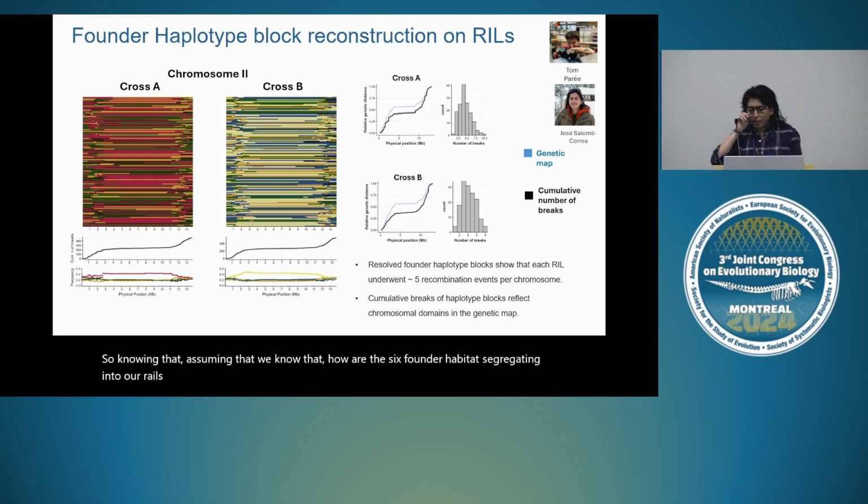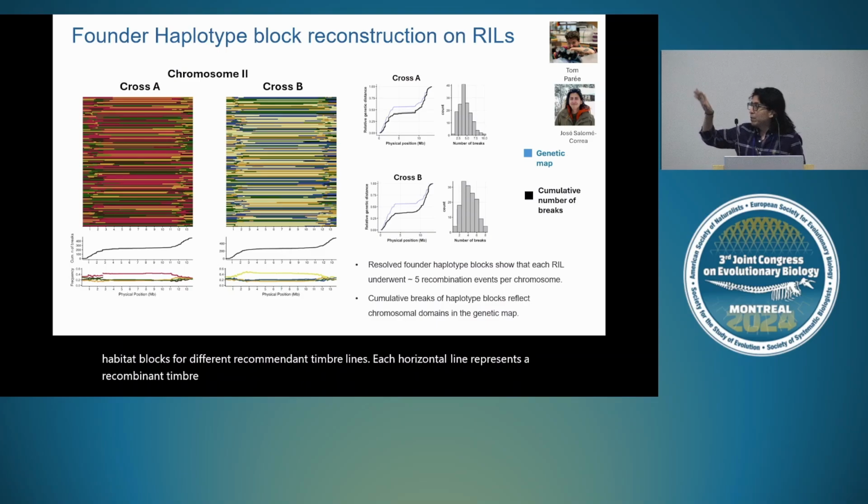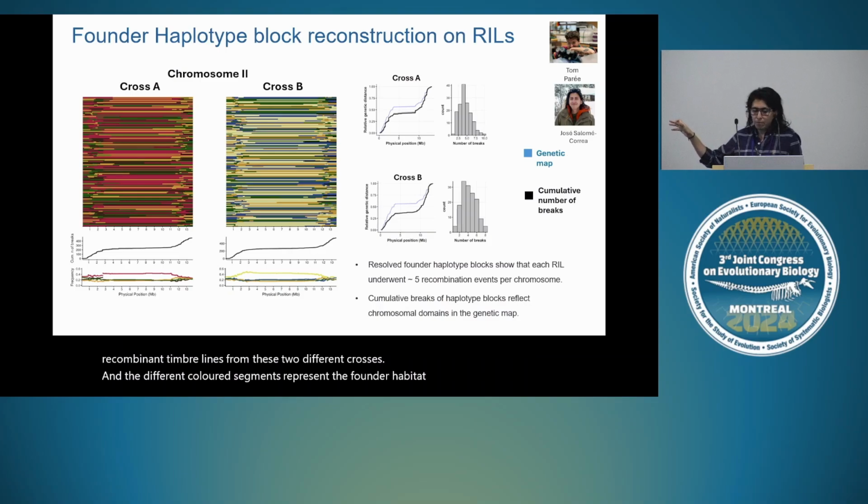And this is what they look like. On the left, we have chromosome 2 and the haplotype blocks for our different recombinant inbred lines. Each horizontal line represents a recombinant inbred line from these 2 different crosses, and the different colored segments represent the founder haplotype blocks that go into them.